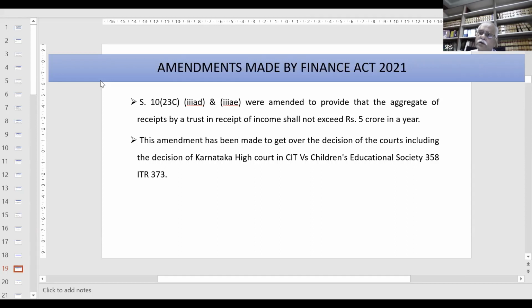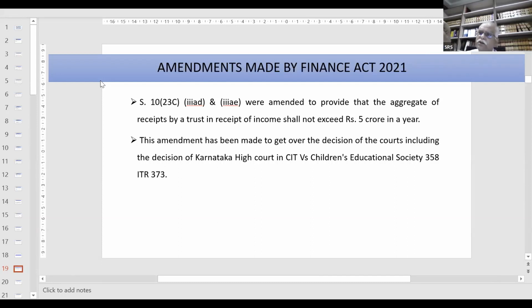Okay. Now, by the Finance Act 2021, they amended this to say that the limit will be 5 crores with reference to the person who is in receipt of the income. So that is the trustees. So therefore, for the persons who are in receipt of the income under 10(23C)(iiiAD) and (iiiAE), now the limit is with reference to the person.